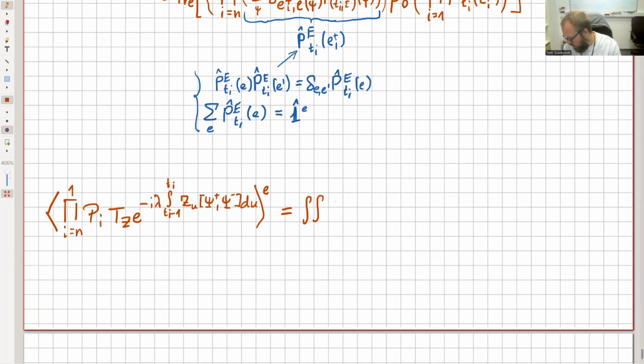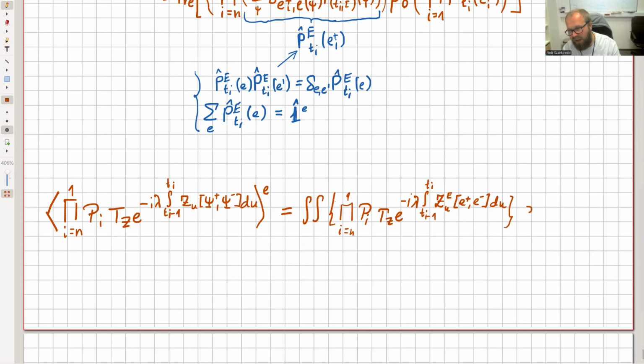So I can transform this guy into the following formula: product, time ordering, z, minus I lambda, ti minus 1 ti, z, e index e, superscript, sorry, e plus e minus du.